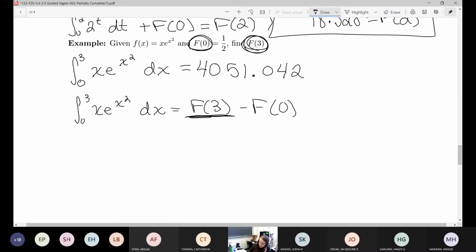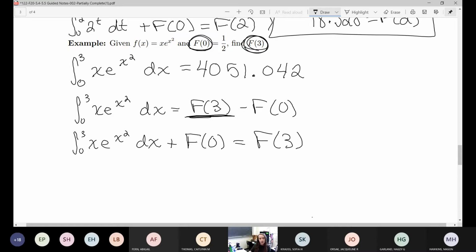So we want f of 3, so we need to get that by itself. So we're going to add the antiderivative at 0 over to the other side. And now we know both of the values on the left. We already calculated the integral, so the integral came out to be 4051.042.